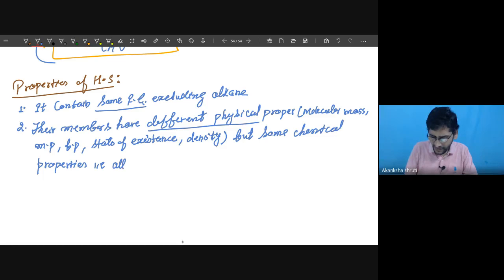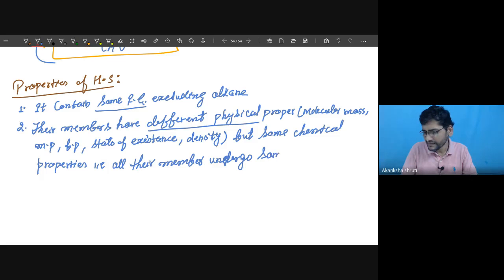That is, all their members undergo the same chemical reaction, excluding a few exceptions, like for methane, dehydration is not possible because in one carbon the double bond cannot be formed. So those exceptions we also have to keep in mind.